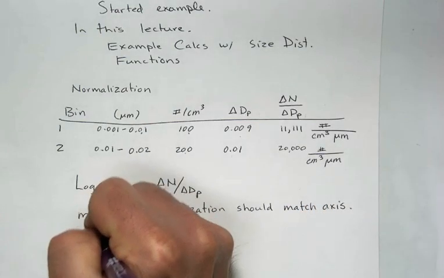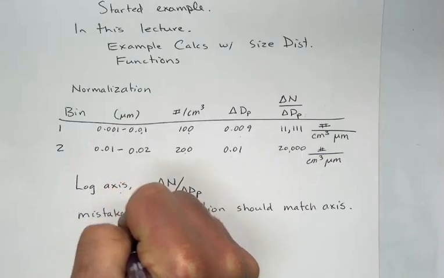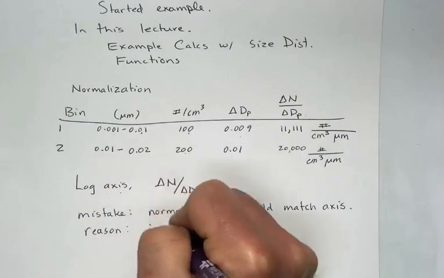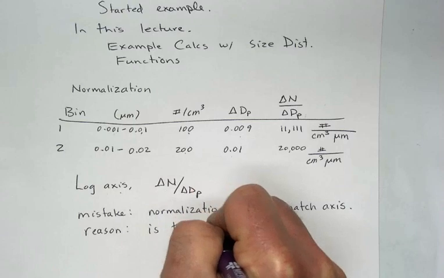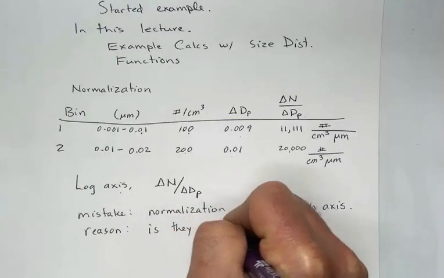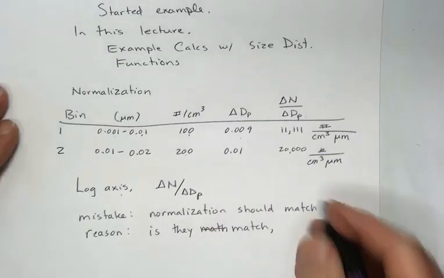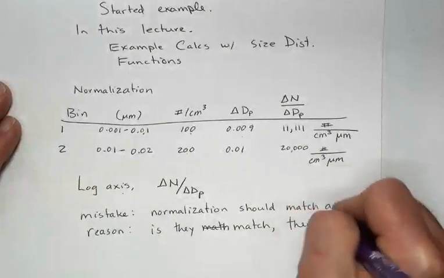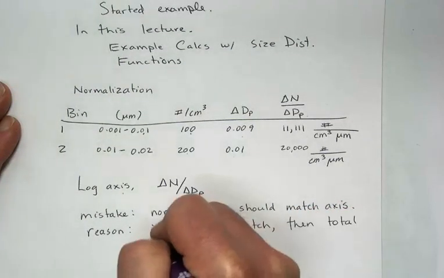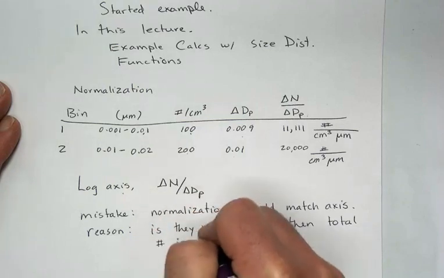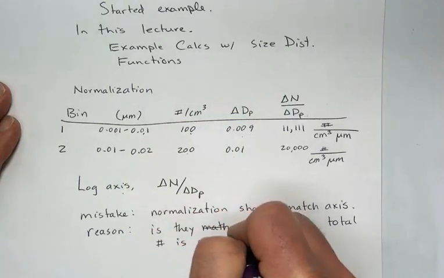And the reason for that is if they match, then the total number is proportional to the area under the function.